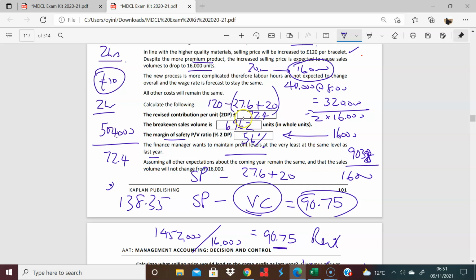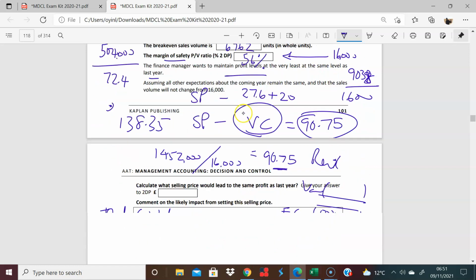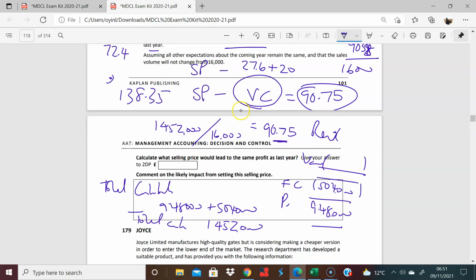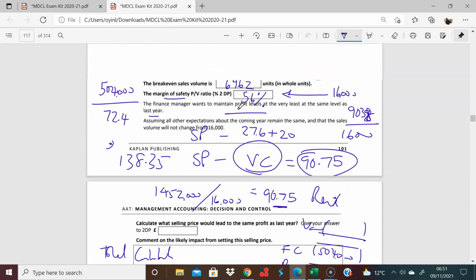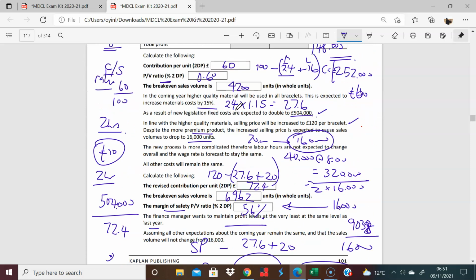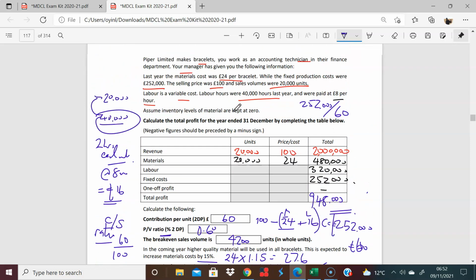I think this is a good question as well. It really does pull you apart a little in trying to understand the relationships between changes and moving between new profit and this sort of thing. So the question here is what happens when you change your selling price.